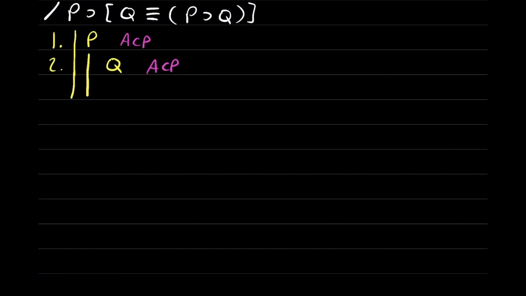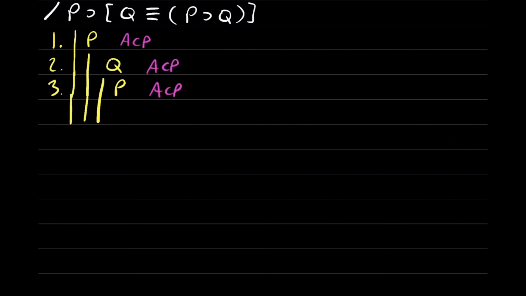Well, how can I do that? That's a conditional. So I can do another conditional proof sequence here on line 3. Assume P. ACP. And then try to get Q. Well, how can I do that?